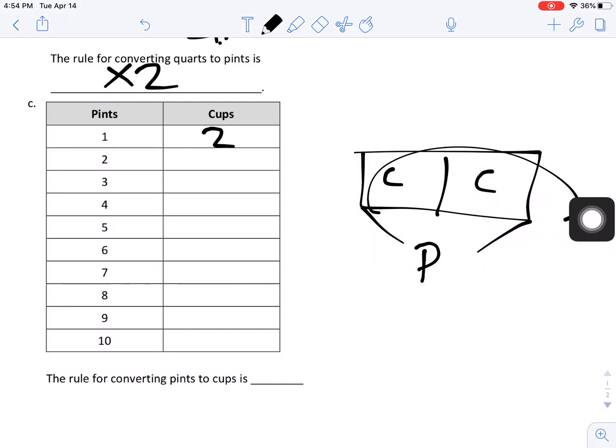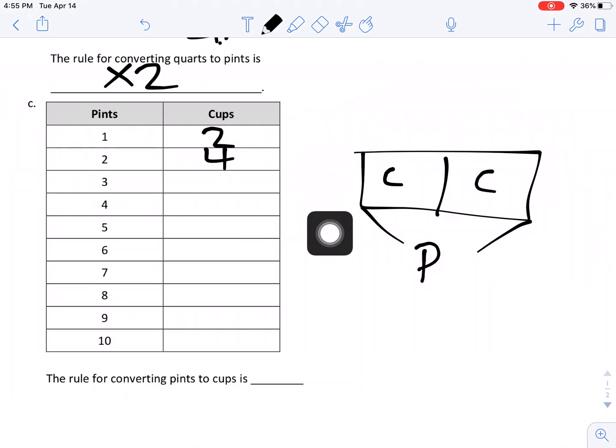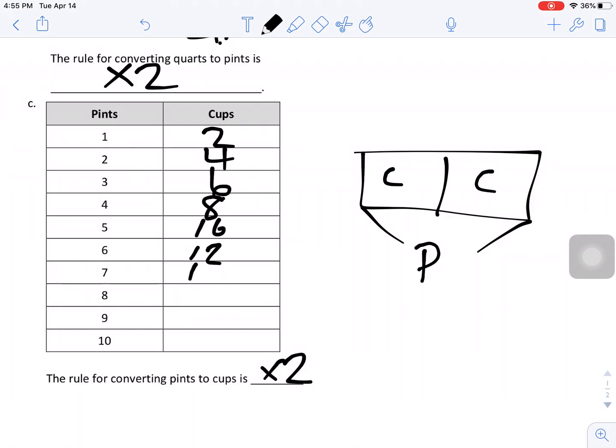But if I had 2 pints, I would go 2, 4. And then if I had another one, I had 2 and then 4, and now I have 6. And if you notice, it's multiplying by 2 cups in each pint. So again, I'm going to do my pattern: 2, 4, 6, 8, 10, 12, 14, 16, 18, 20.